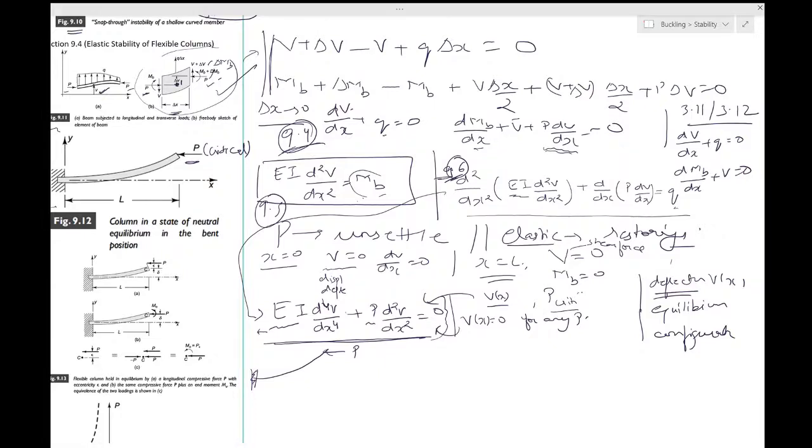Now you may have learned by this time how to solve differential equations, because that will come in handy right now.